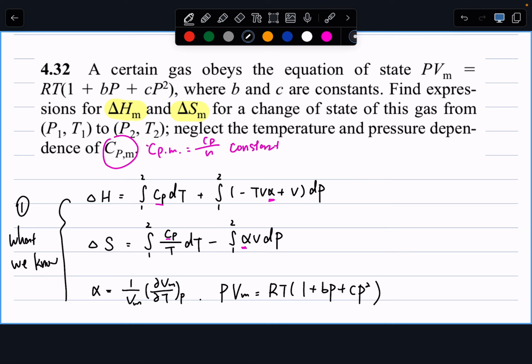So my alpha thus equals 1 over Vm, partial differential over temperature of this entire thing, RT(1 + BP + CP squared)/P, at constant pressure. I'm gonna skip my derivation, but this is just solving for alpha. You did that in the previous practice problems, so you can solve alpha to be equal to 1 over T.